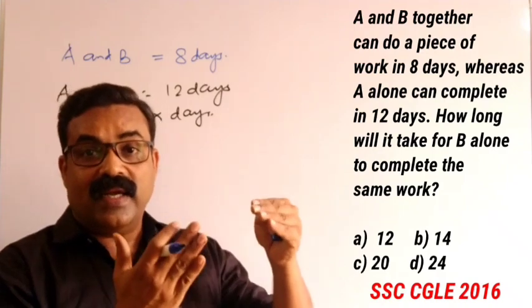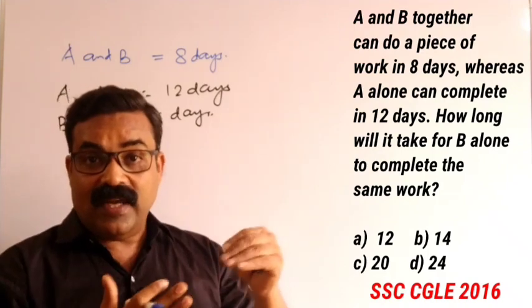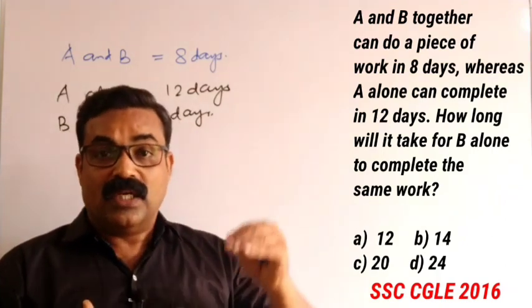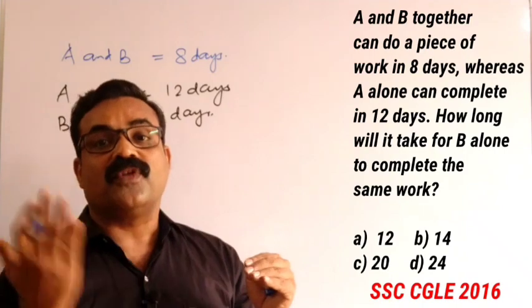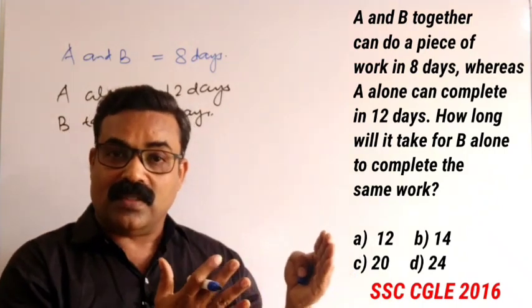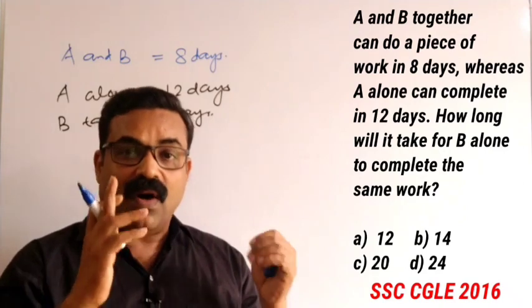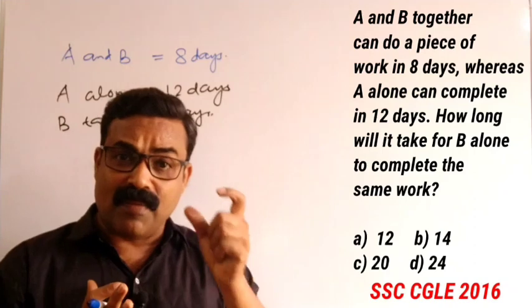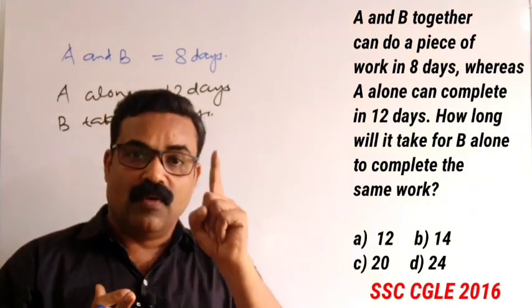Likewise 10/12 on the 10th day, 11/12 on the 11th day, and 12/12 on the 12th day. 12 out of 12 parts completed is equal to 1. So in all questions related to work and time, the completion of work is taken as 1.